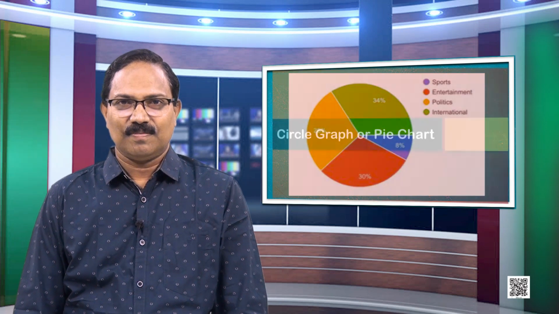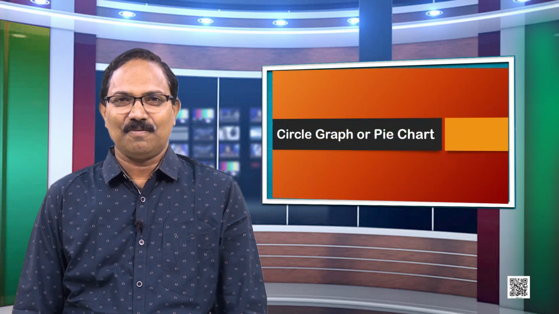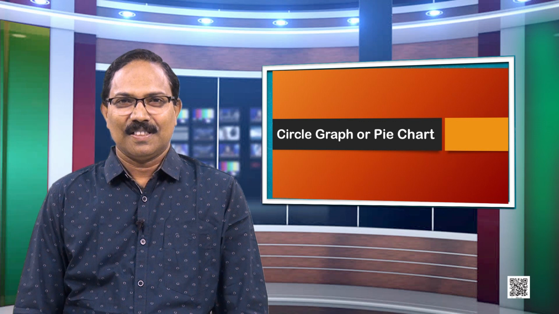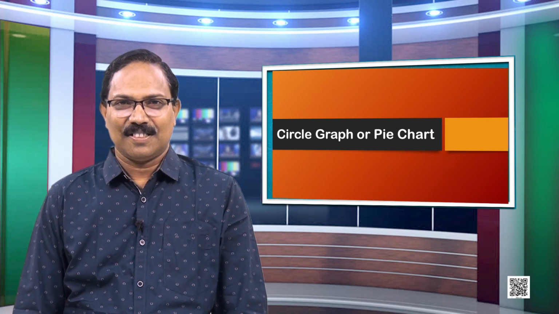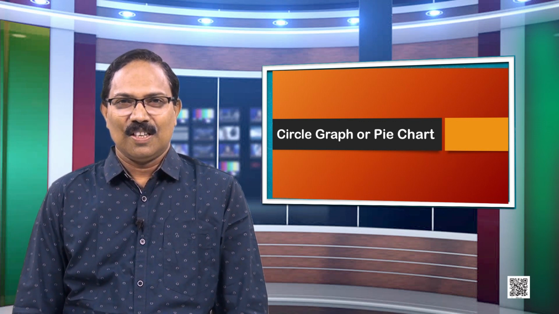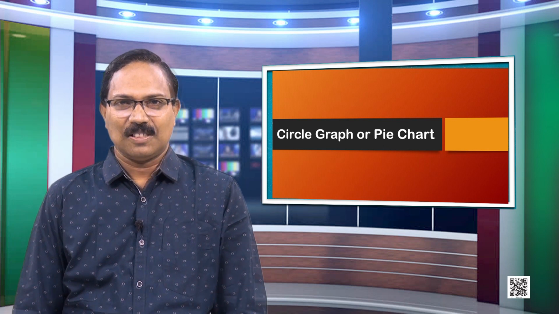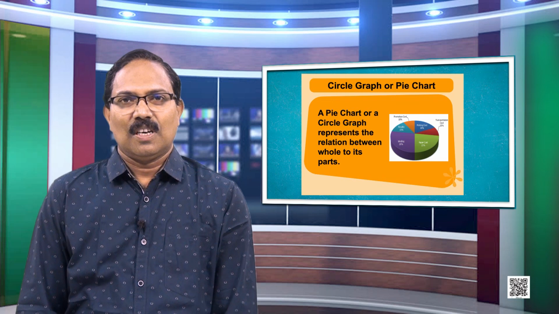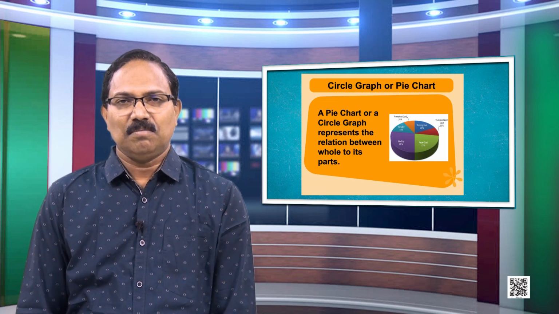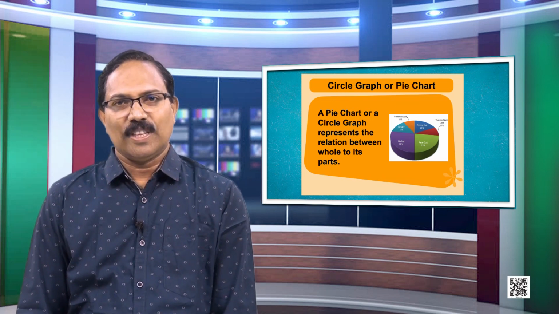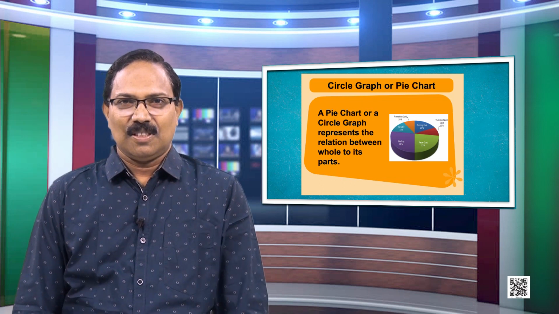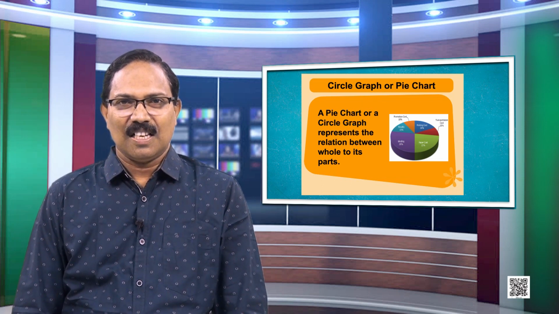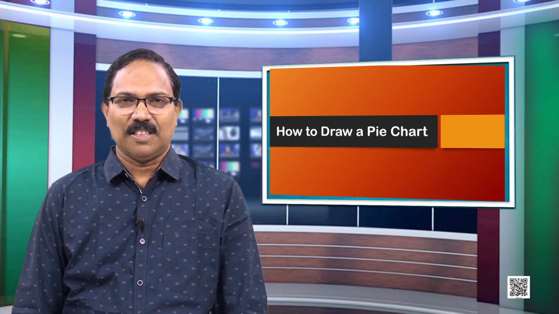So, what is the name of such graphs? Circle graphs. Yes, you are correct. Or it can also be called pie charts. A pie chart or a circle graph represents the relation between whole to its parts. So, let us learn how to draw a pie chart.